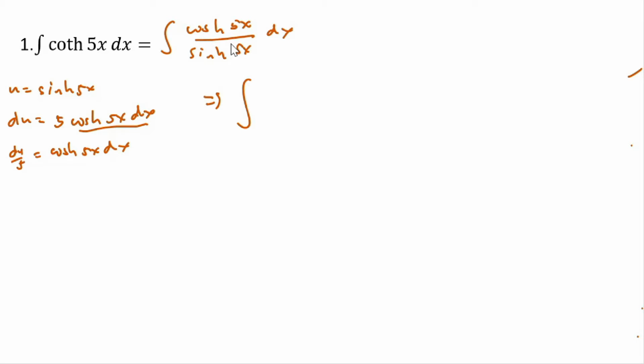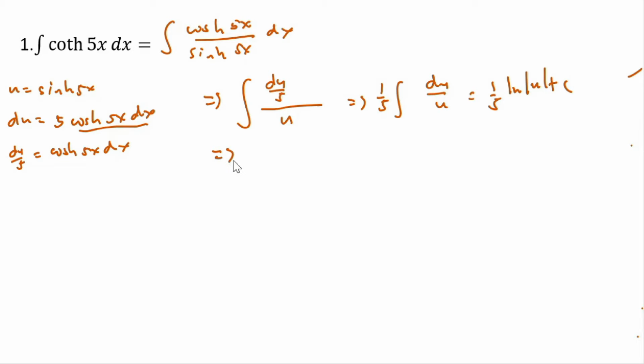So the hyperbolic cosine of 5x dx can be written as du over 5 all over u. So we can now have the coefficient factor of 1/5 times du over u. And that is now 1/5 of ln of u plus a constant. So we're writing the given.